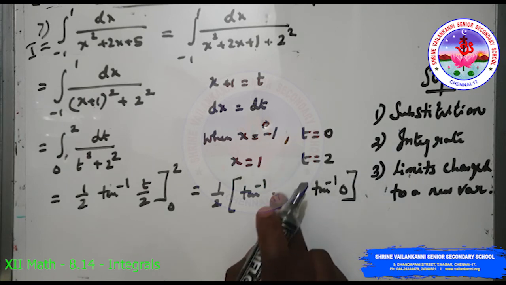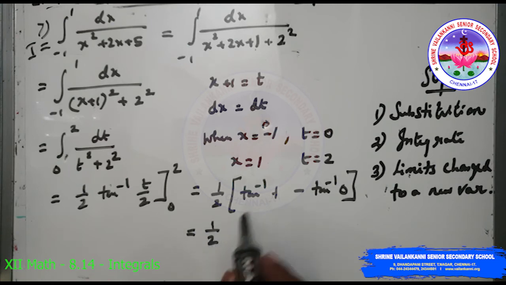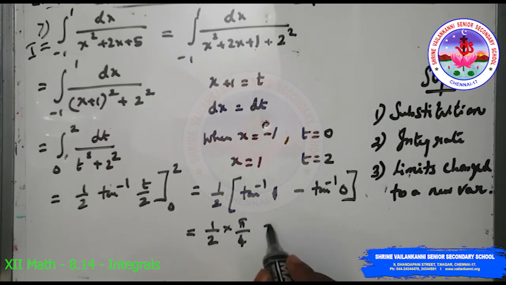So 2 by 2 is 1. Which is equal to half tan inverse of 1, which is tan inverse of tan pi by 4. So half into pi by 4, which is equal to pi by 8. So I equal to pi by 8.